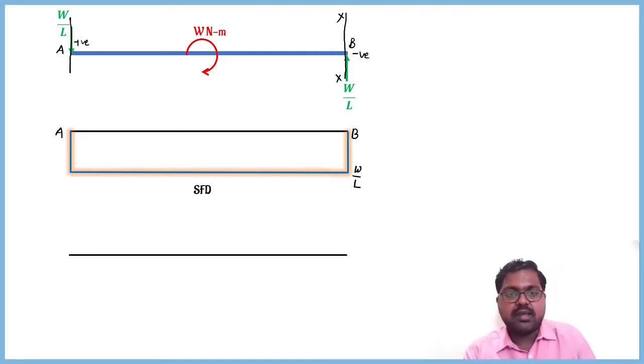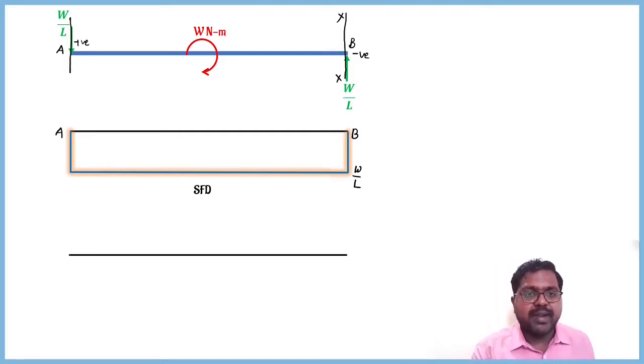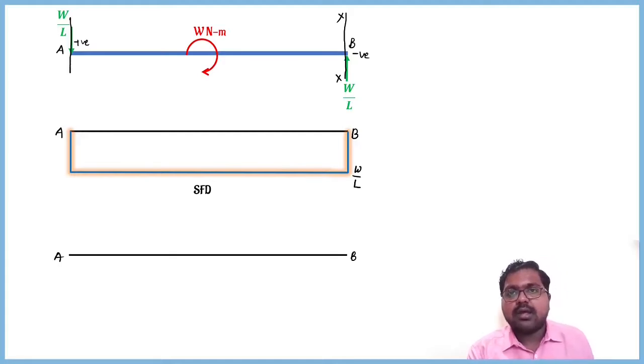And in the same way, if we consider the bending moment diagram, I am taking the consideration A and B points, bending moment is 0 since it is a simply supported beam. Then I am taking a cross section XX, which is at a distance of X from B. Now I want to find bending moment at this section.